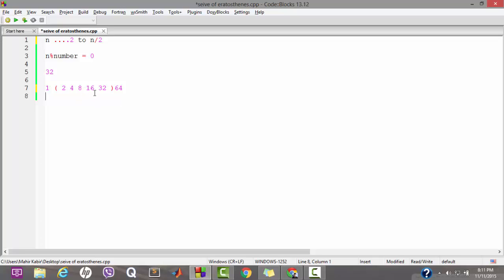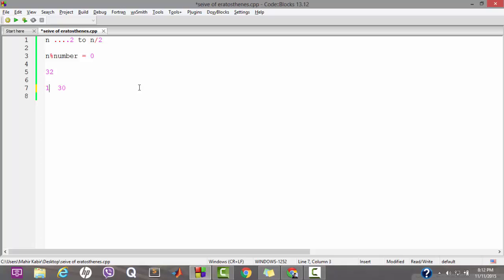For 64, as we can see, there are 2, 4, 8, 16, 32. These are the numbers that divide 64 perfectly. Okay, now let's think about it. Well, let's go with another example just to clear the concept. Let's think about 30.